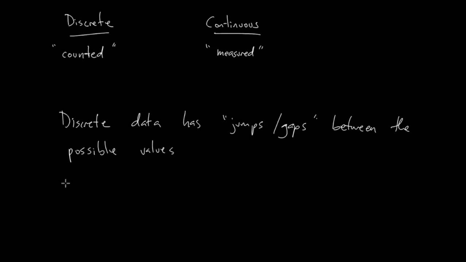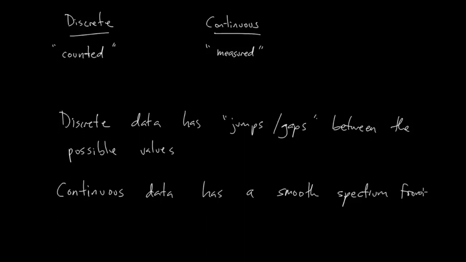But by comparison, continuous data has a smooth transition, or I'll call it a smooth spectrum, from one possible value to the next.